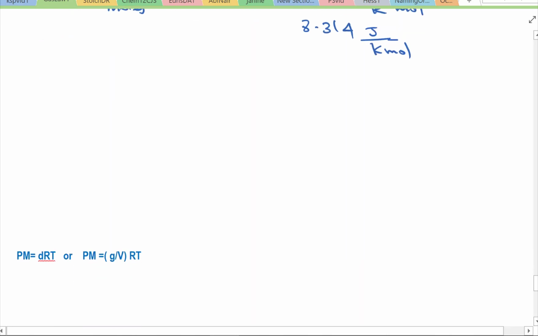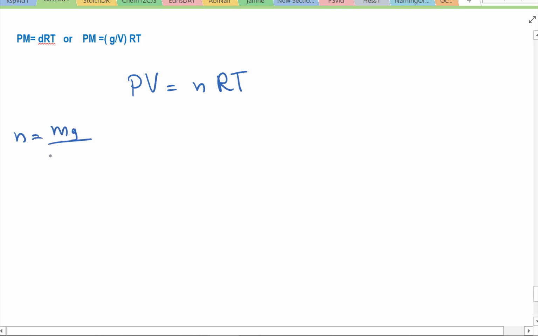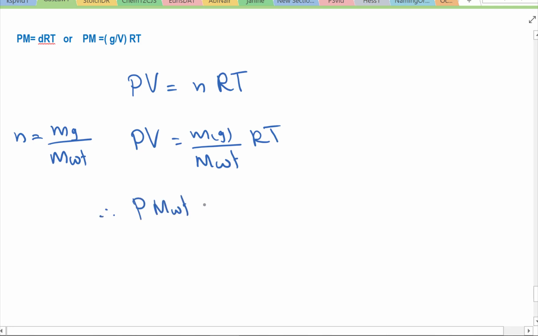Okay. Now, the last thing I wanted to talk about is other applications of PV equals nRT. We know the number of moles is mass in grams divided by molar mass. We can plug that in here, replace n with the mass in grams over molar mass, and do the cross multiplication. You can write it this way, m over V. What's m over V?